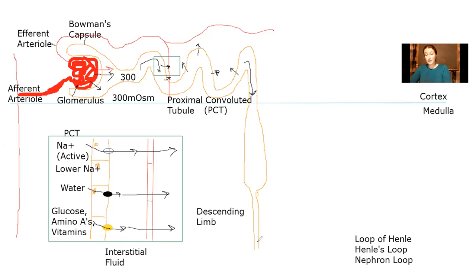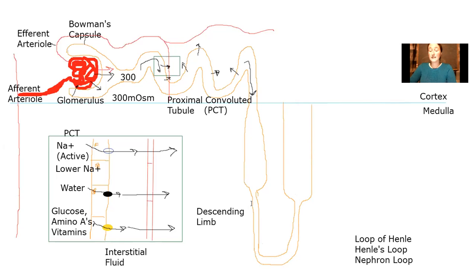At a certain point in the medulla, and it varies depending on which one we're talking about here, the loop of Henle is literally going to loop and come back on up. And again, there's a skinny portion and there's a fat portion of this loop. Okay.